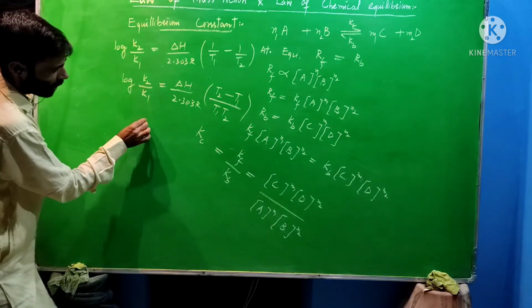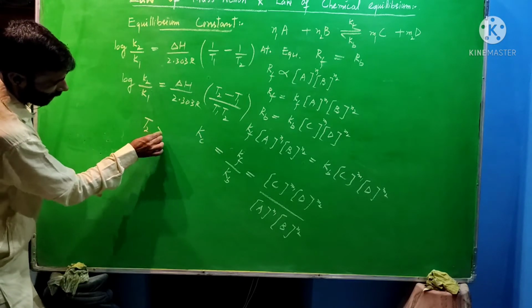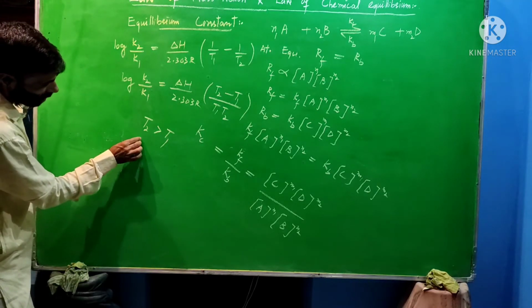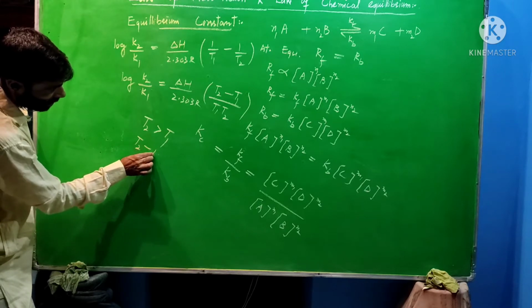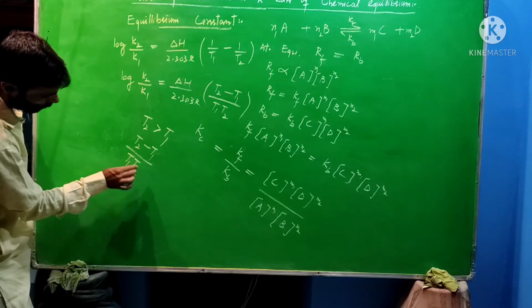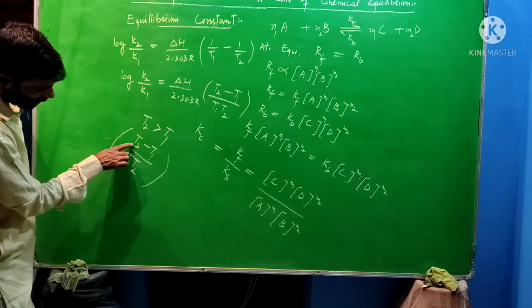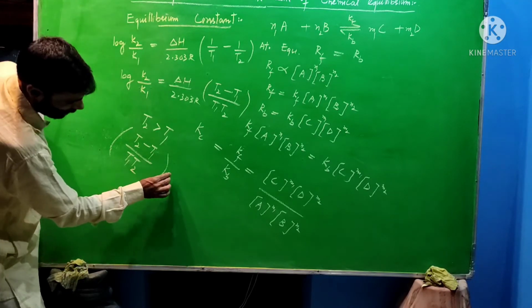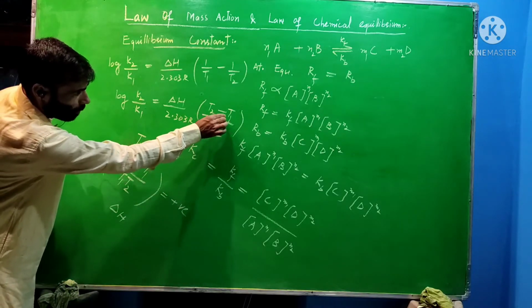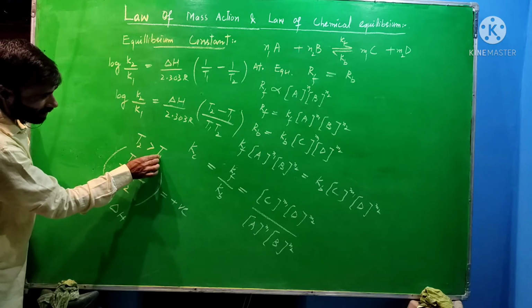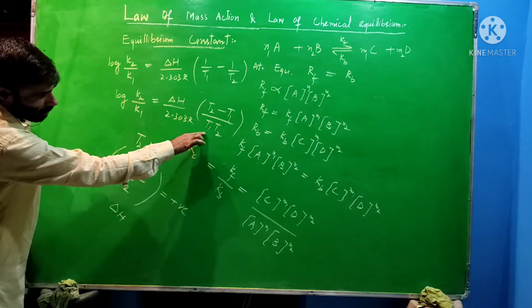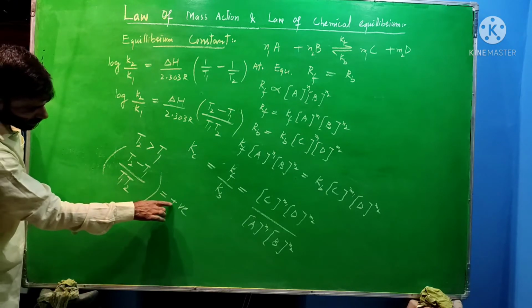Now if T2 is greater than T1, then the term T2 minus T1 divided by T1 into T2 is positive.